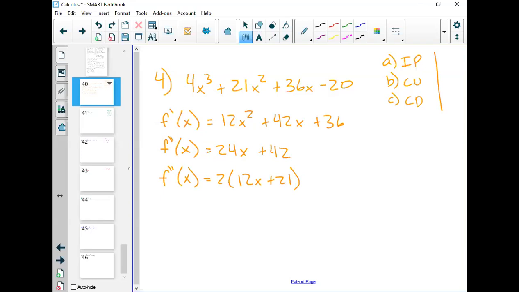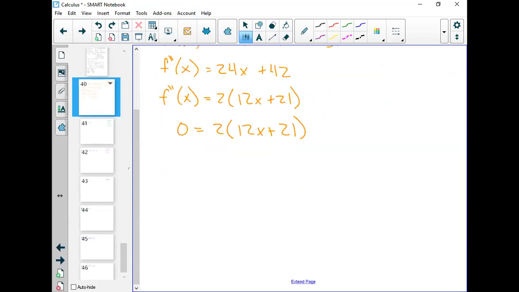That's step 1. Step 2 is going to be to set that derivative equal to 0. Next step is going to be to solve for x. So here you can divide both sides by 2. And I mean 0 divided by 2 is still just 0. So we're left with 0 equals 12x plus 21. Subtract 21 and divide.